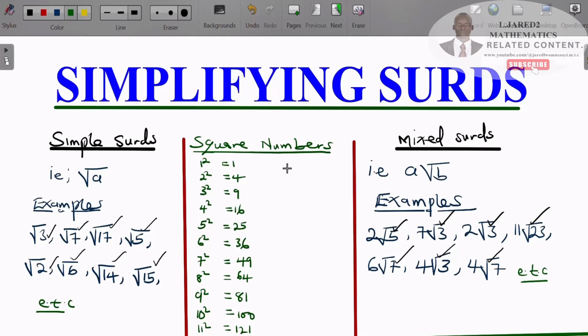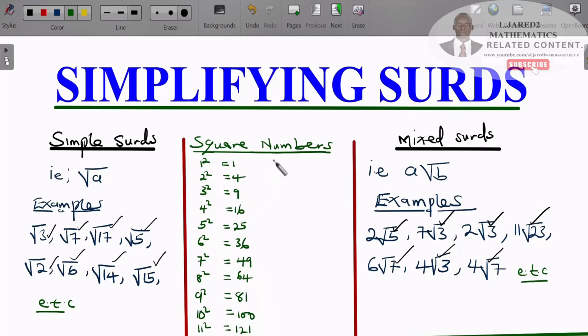For example, 1 squared gives 1, 2 squared gives 4, 3 squared gives 9, 4 squared gives 16, 5 squared gives 25, 6 squared gives 36, 7 squared gives 49, 8 squared gives 64, 9 squared gives 81, 10 squared gives 100, then 11 squared gives 121. It continues like that. So that is how we can generate the square numbers, and all these are square numbers.